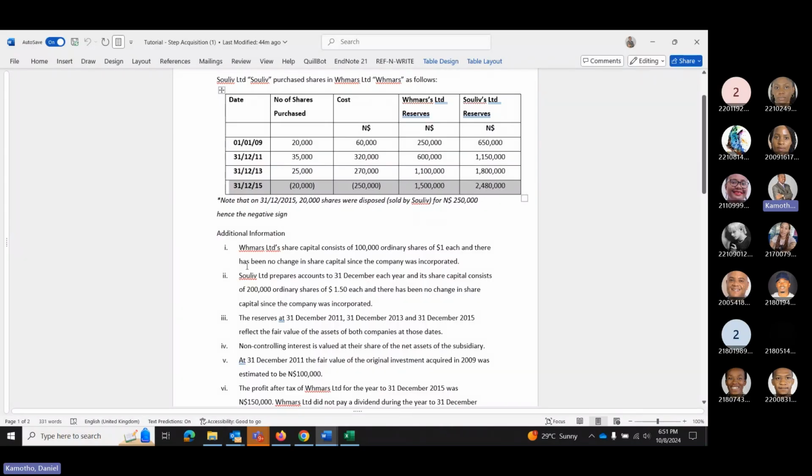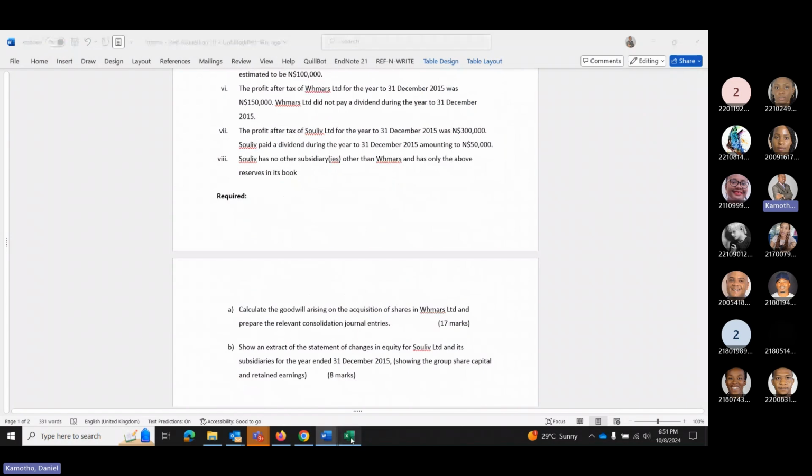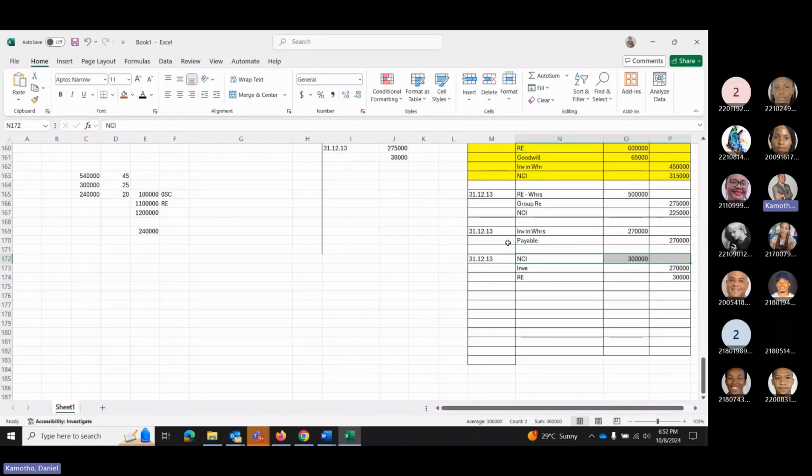So let's go to 2013, 2014 and see what journal would have passed. We already know we'll pass a journal similar to sharing the group retained earning. We'll pass a journal similar to this. Sorry, I like shortcuts, but this is 2014. I want to do up to 2014. And we have said up to 2014, the group is 250,000.